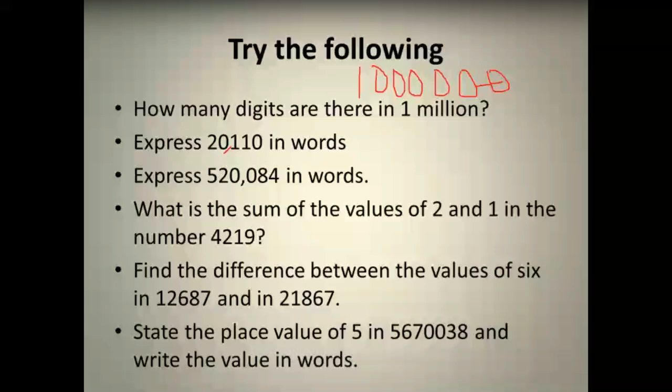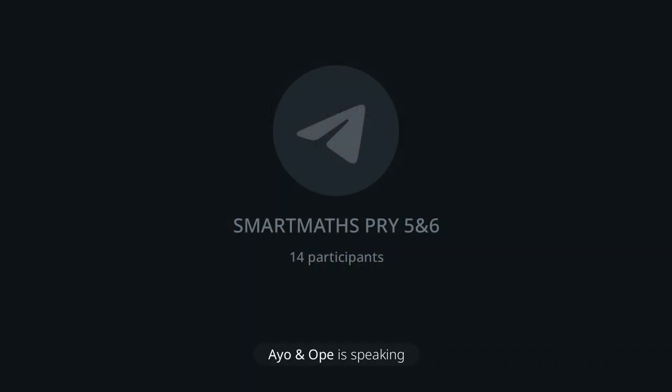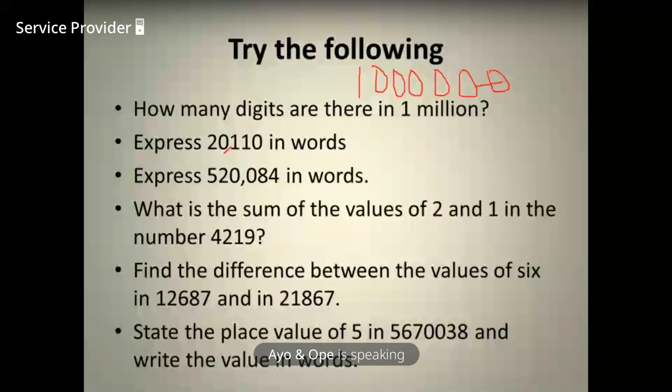First, you have to take the 200 out of 4,219. You also have to take the 10 and then add it. So what will now be the answer? Allow your brother to say the answer. 210.